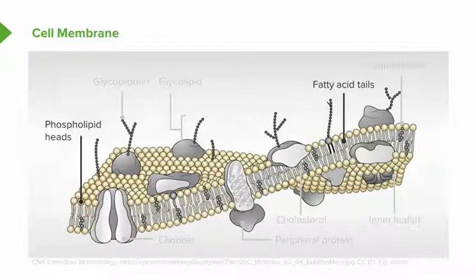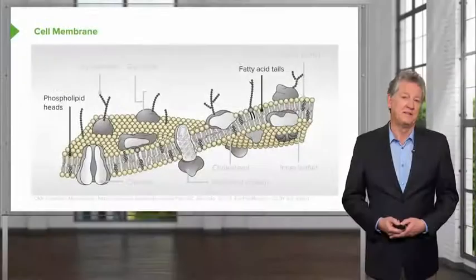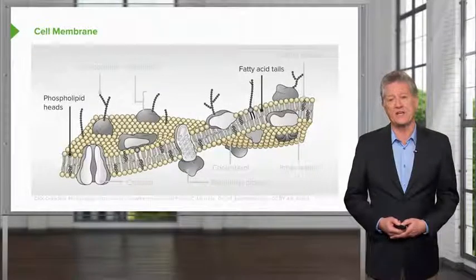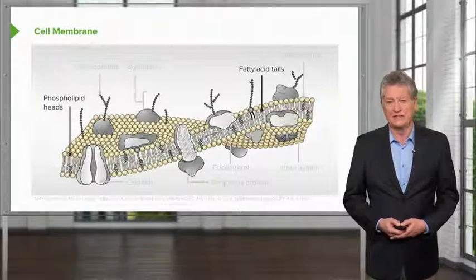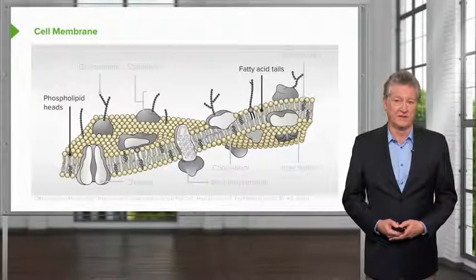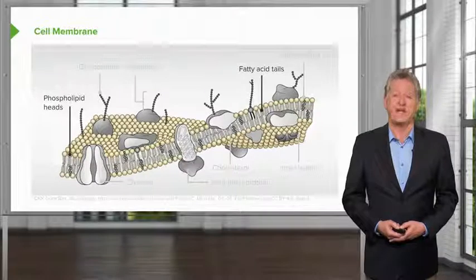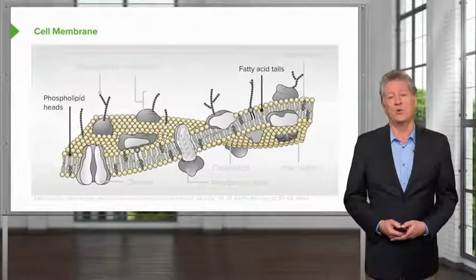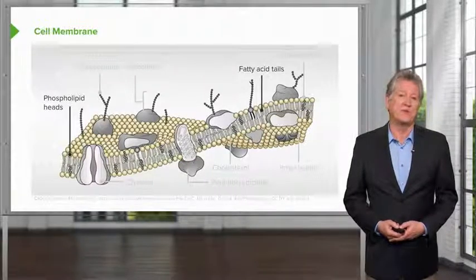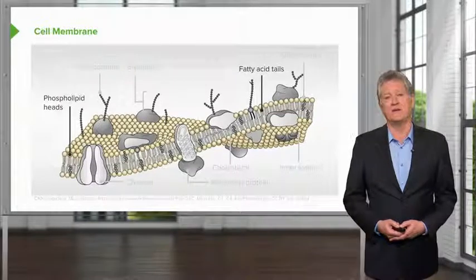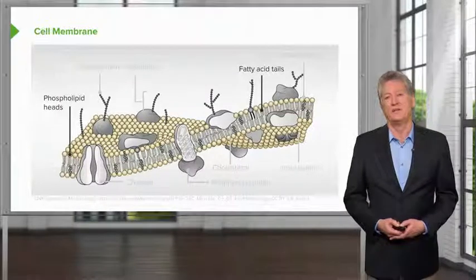So they spontaneously orientate towards the aqueous surface of the cell. Whereas the fatty acid tails or chains you see, they're non-polar, they're hydrophobic, and therefore they passively rotate towards the centre of the bilayer, away from the aqueous medium. So that creates what you see there, this bilayer of the cell membrane.